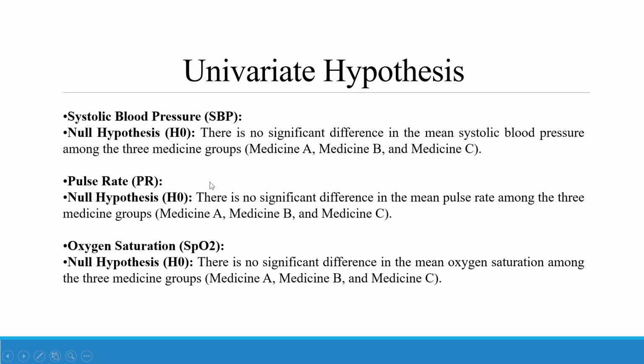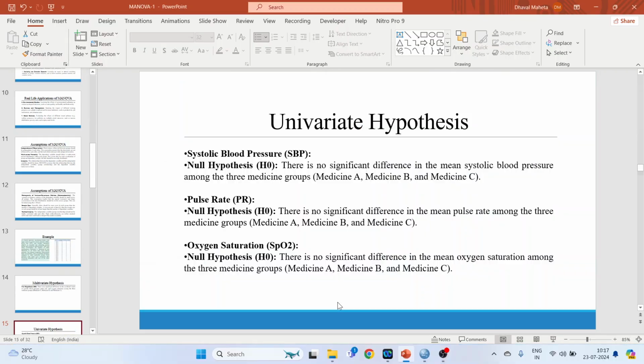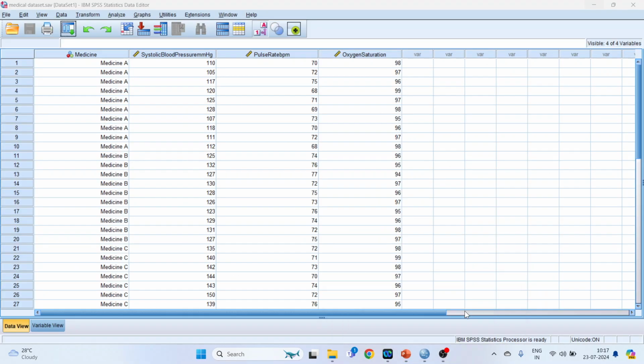The univariate hypothesis is, there is no significant difference in the mean systolic blood pressure among the three medicine groups, medicine A, B, and medicine C. Pulse rate: there is no significant difference in the mean pulse rate among the three medicine groups. Oxygen saturation: there is no significant difference in the mean oxygen saturation among the three medicine groups. So now we will go into SPSS.